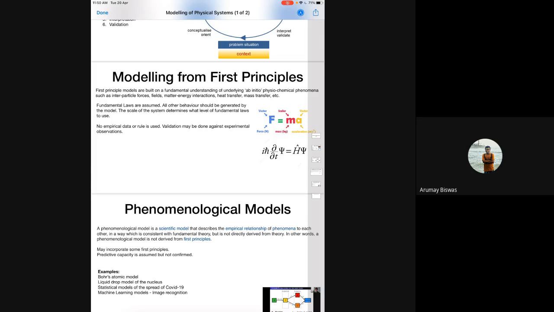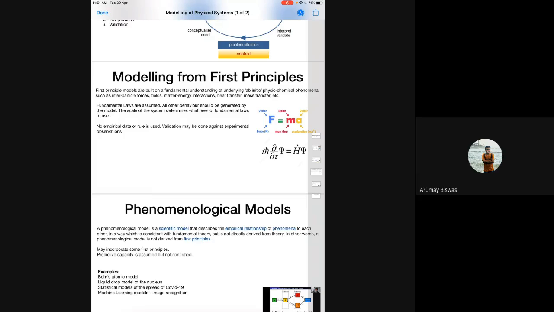Here I'm talking about the most basic sort of fundamental principles, which is interatomic or intermolecular interactions. This is okay, but you can also have a more higher level model from first principles, where you're already using a larger model.